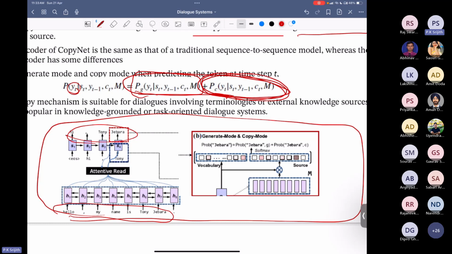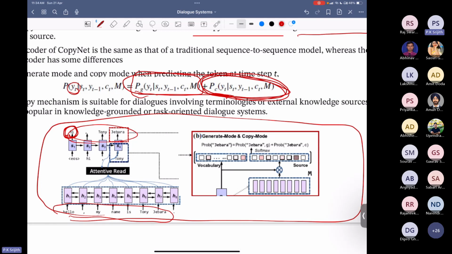In this case, it is not just doing copying, because you can see that the first word it has generated is based upon generation. It is not just copying hello as it is there. It is generating something like hi.